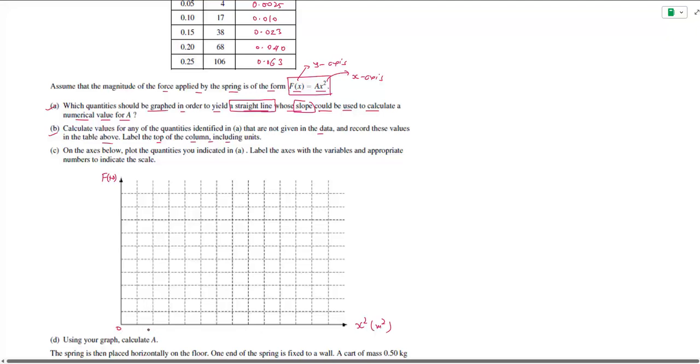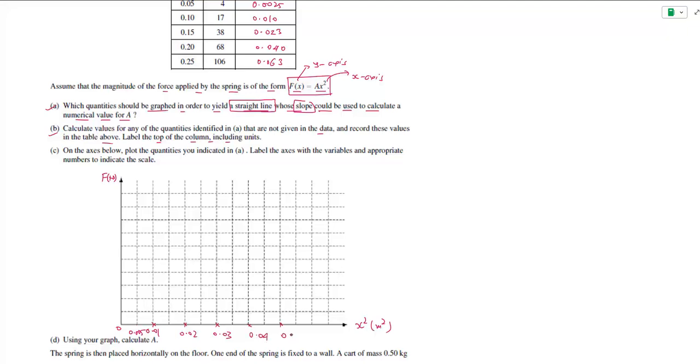This is 0, this is 0.005, and this is 0.01. Similarly, this is 0.02, 0.03, 0.04, 0.05, and 0.06, right? Okay.